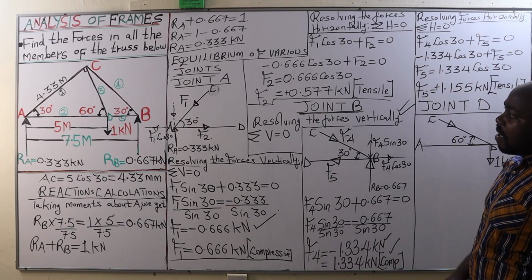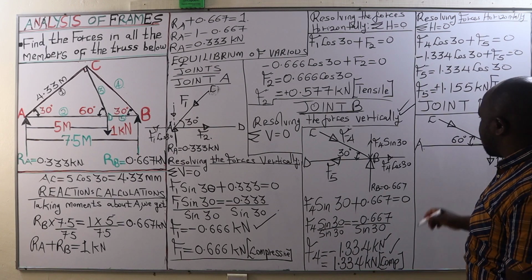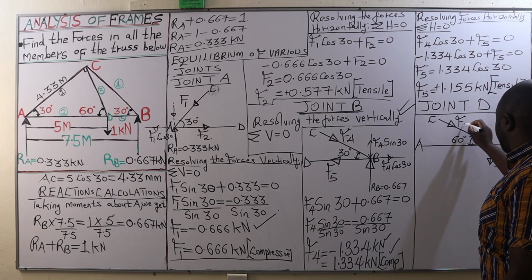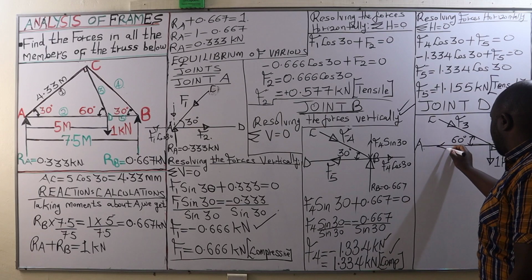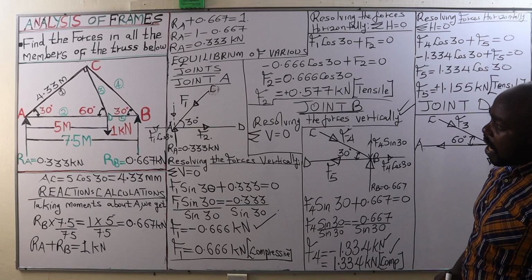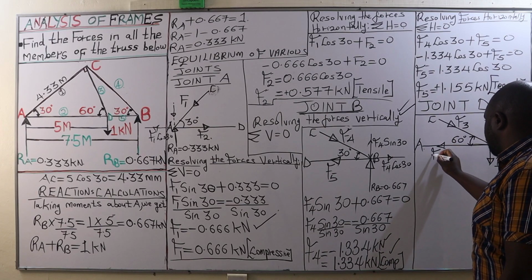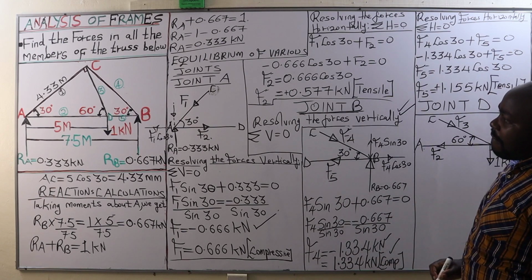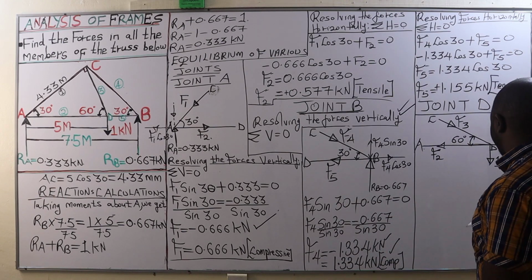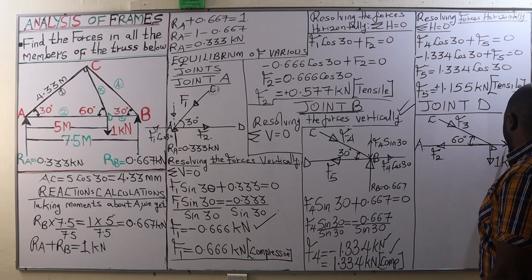We have the force on member DC, that is F3. We have the force on member DA, that is F2. And we have a force on member DB, that is F5.